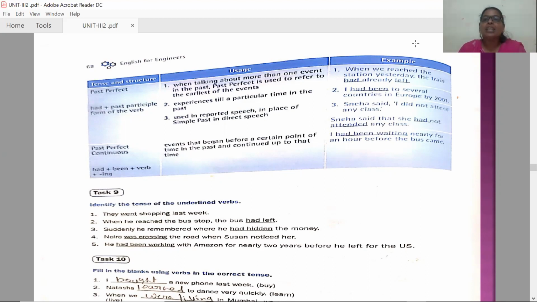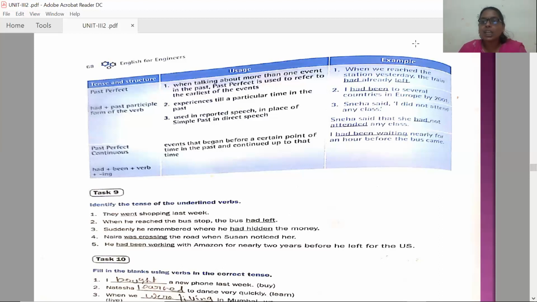When two past events happened, the first past event will have a past perfect verb form. The second past event will have simple past verb form. Now the first action is the train had already left. Then you reached the station yesterday. So the verb form is had, past perfect, had already left, had left.